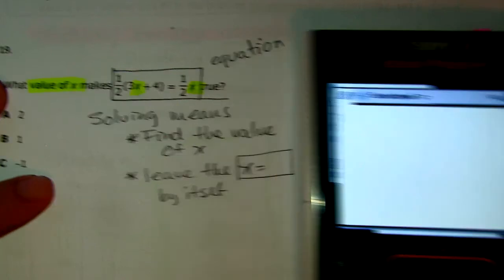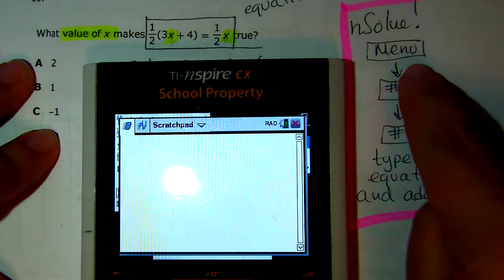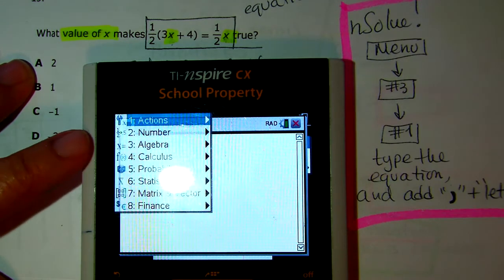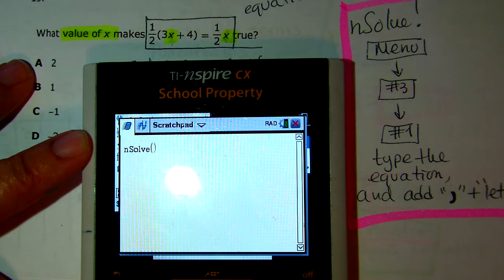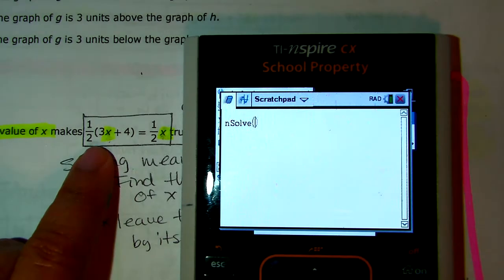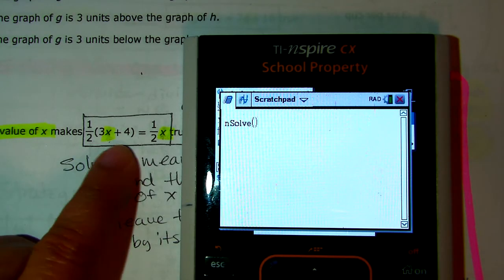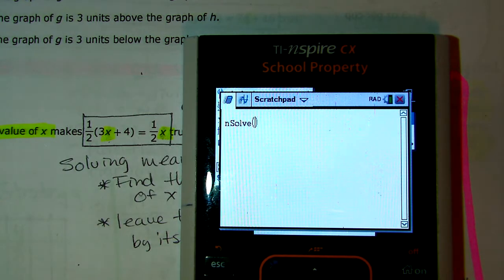Alright, so what do we press for this problem? Menu 3, 1. You can use the keyboard 3, 1. And then we're going to type exactly the way your beautiful eyes are looking at it. First of all, we have a fraction.